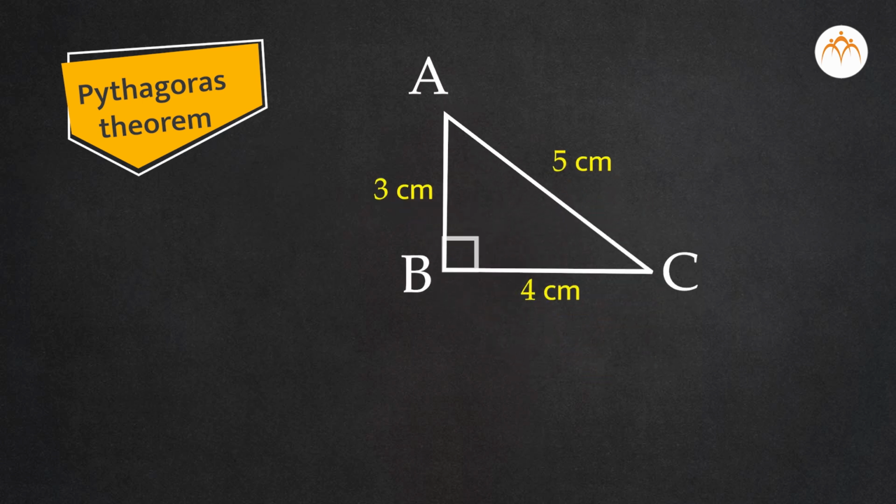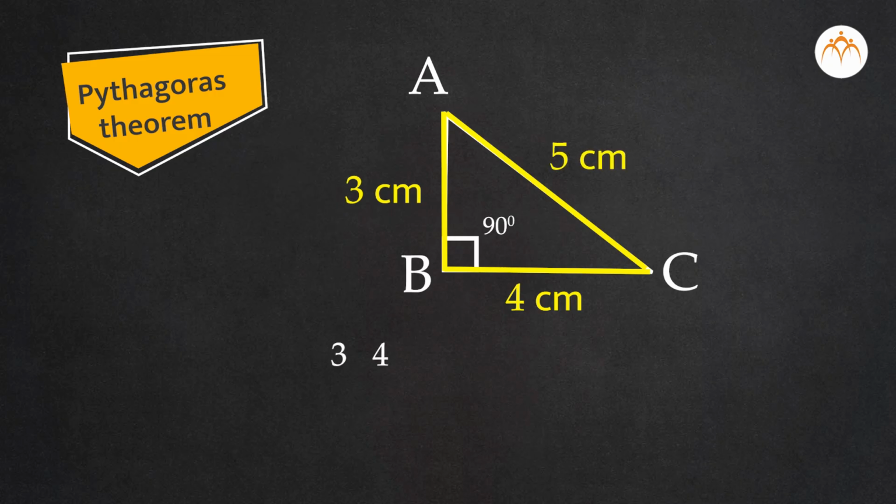So, in a right angled triangle, if the lengths of the sides forming the right angle are 3 cm and 4 cm, the length of the hypotenuse is always 5 cm. Here, 3, 4 and 5 form a triplet, which means we have a set of 3 numbers in which the square of the largest number is equal to the sum of the squares of the other 2 numbers.